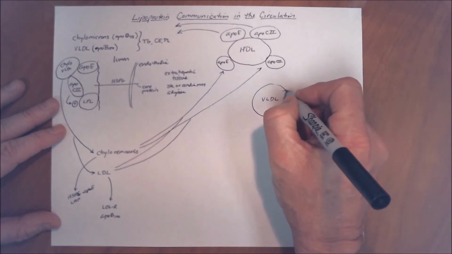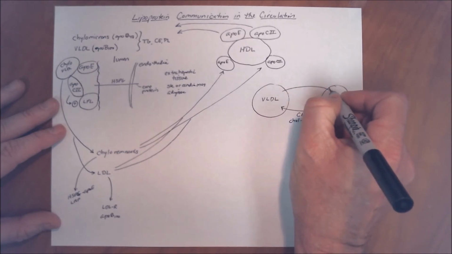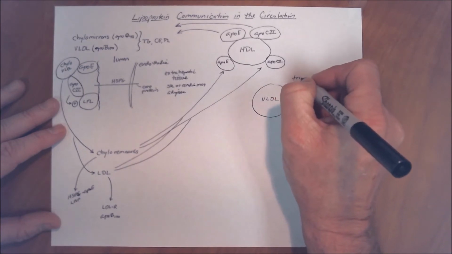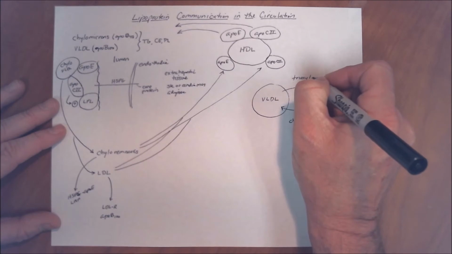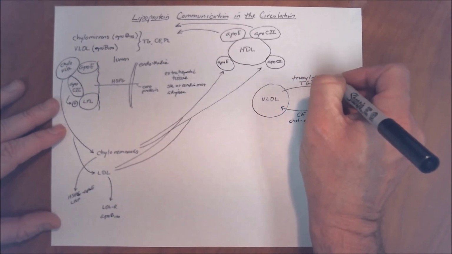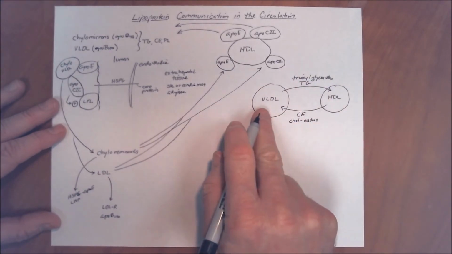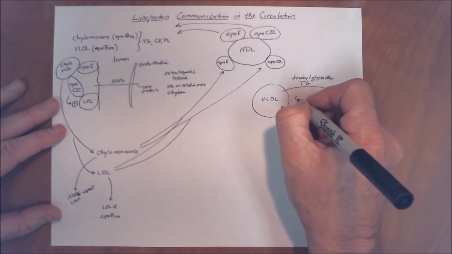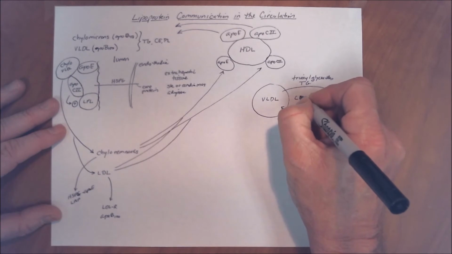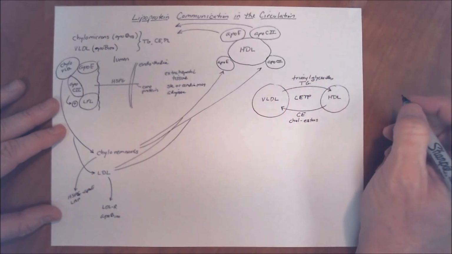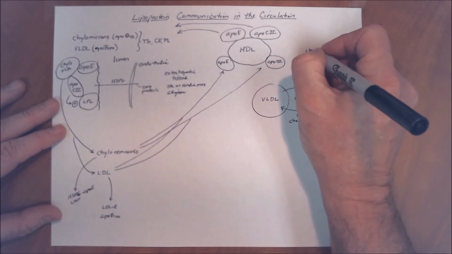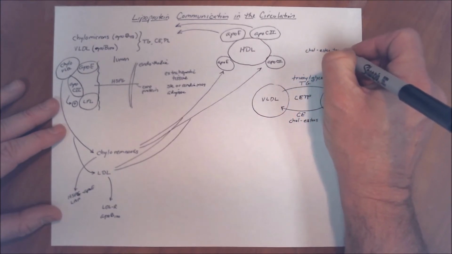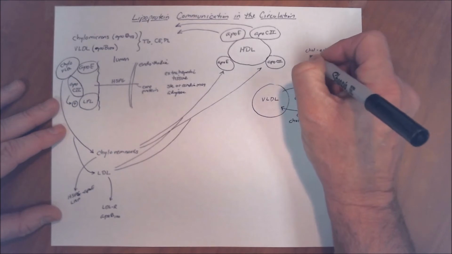In return, VLDL is able to transfer triglycerides from VLDL to HDL. This is performed by the enzyme CETP, for cholesterol ester transfer protein.